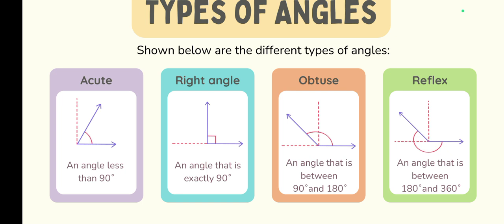And those angles that are in between 180 and 360 degrees, that is 270, 250, 230, all come under reflex angles. So we have the acute angle that is less than 90, the right angle that is exactly 90, the obtuse angle that is in between 90 and 180, and the reflex angle that is in between 180 and 360 degrees.